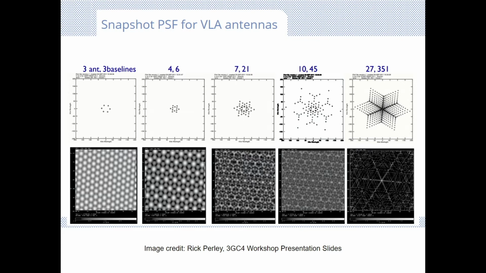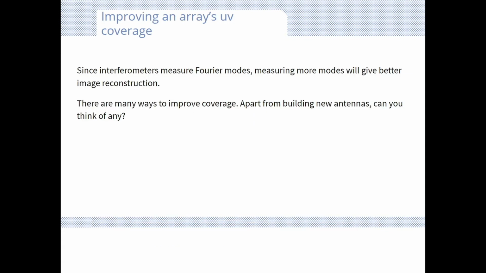Now, as we increase the number of available unique spacings, we can see that an instantaneous view of the sky starts to at least localize the source pretty decently well once we start going into the mid-20s for the number of antennas. Now, as I said, of course, building more and more antennas is a very expensive proposition. So are there any other ways that you can think of to increase the number of samples that we have in the UV space?